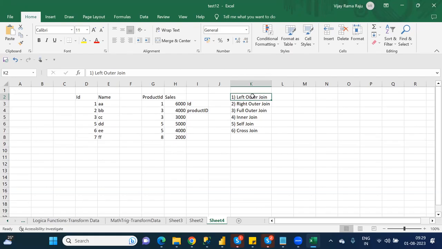Understand clearly or not? First of all, what will a left outer join do? We'll discuss it. What is a left outer join?